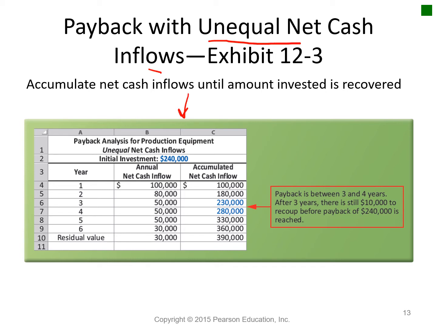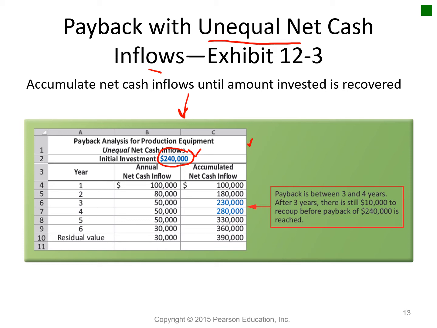If you look at this illustration, the initial investment is $240,000, and the cash inflows, years 1 through 6, are not all the same. So again, you're trying to recoup this money. Anytime you get unequal cash inflows, you need to set up a little spreadsheet schedule like this and track your cash inflows.